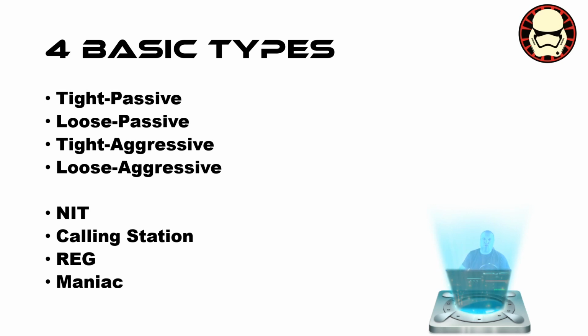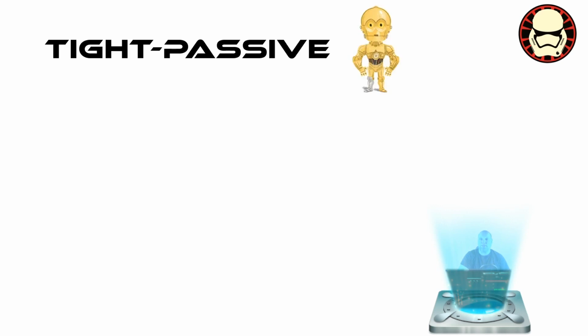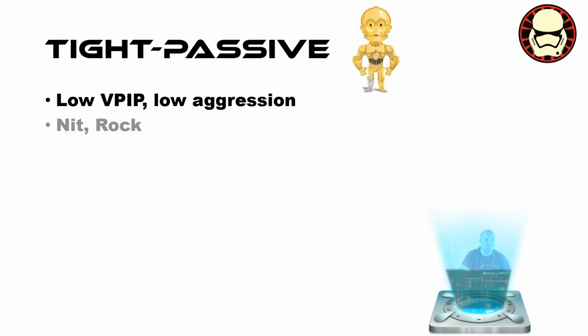And now we're going to focus on these stereotypes or basic types. And the first one is tight passive. He has low VPIP, tight hand selection, and he has low aggression. So he doesn't play much, and when he does, he plays passively. Often called nit, rock, and so on, he has a lot of names.